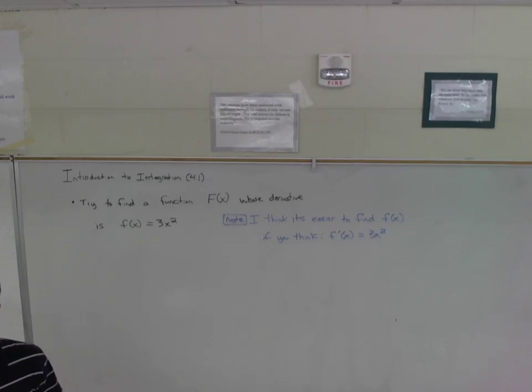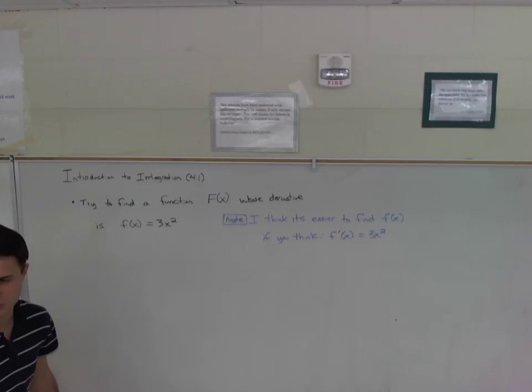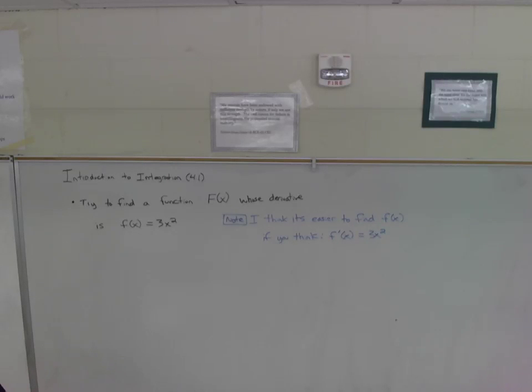So if you want to think in that kind of way, then by all means feel free to do so. I need this capital F for a couple little things here and there though, so that's why I'm introducing it. And also, if you took a calc class in college, you'd want to have seen that, because the professor's probably not going to be nice like me. I have a question.